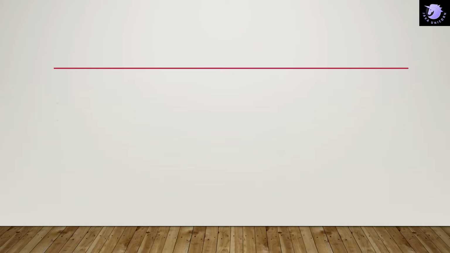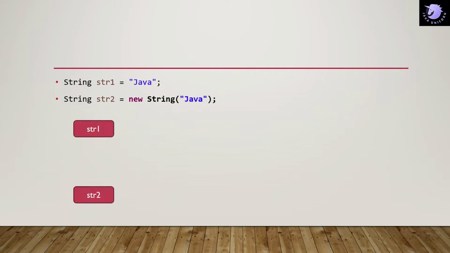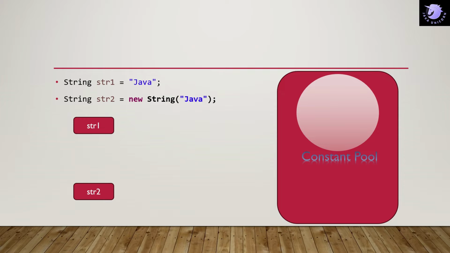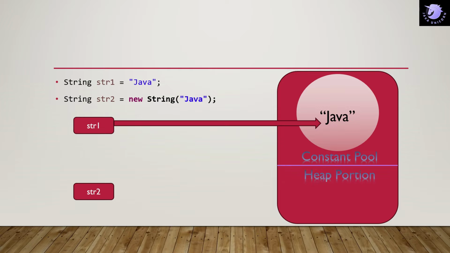Whereas in the second case, we have str1 equals Java and str2 equals new String Java. In this case, str1 will point to the constant pool string value, and str2 will point to a heap memory object.